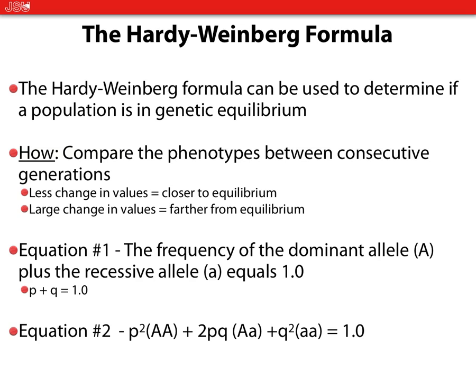Now we have an equation, and you're going to see this if you continue in biology. You want to probably circle this because you'll see this a lot more. It's called the Hardy-Weinberg Formula or the Hardy-Weinberg Principle. I know, it's a big one, isn't it? The P and Q here refers to the proportions of alleles.